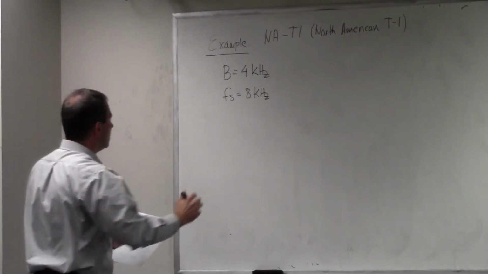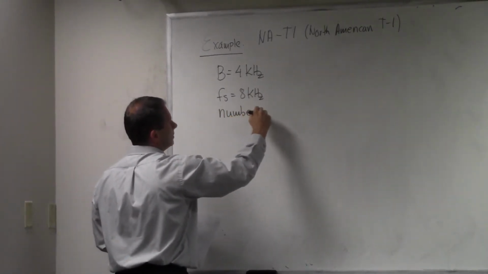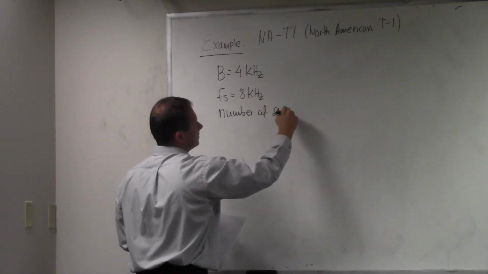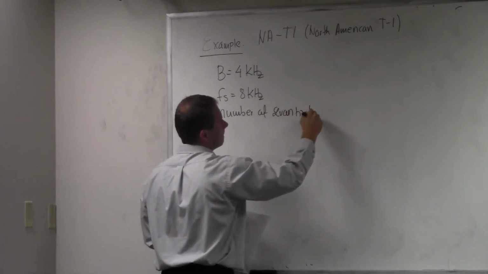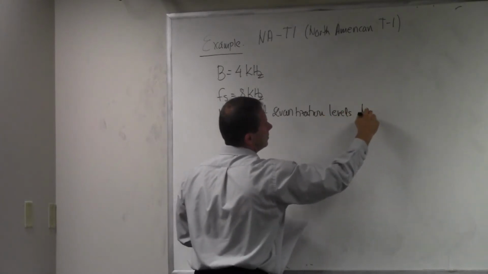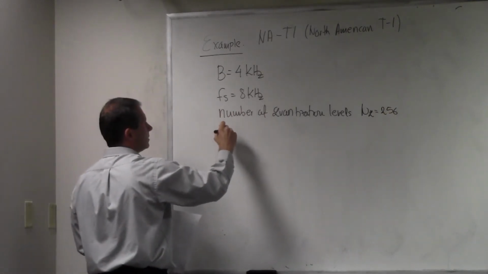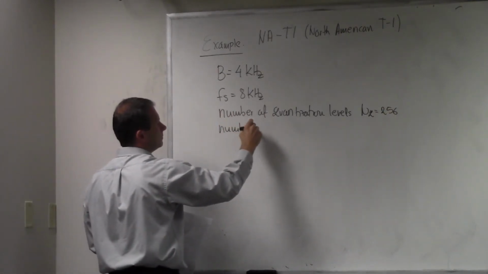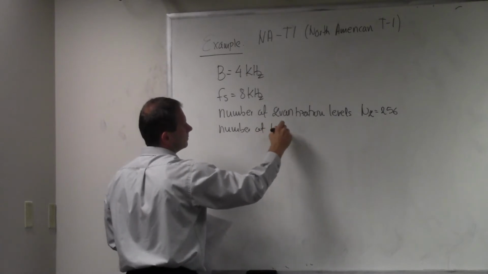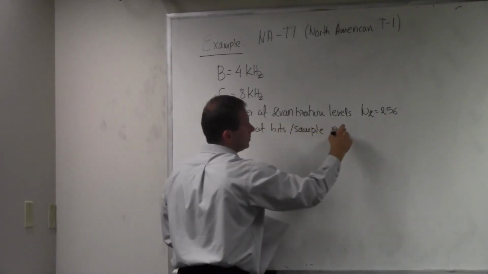So the number of quantization levels Q is 256. Therefore, the number of bits per sample n is equal to 8.